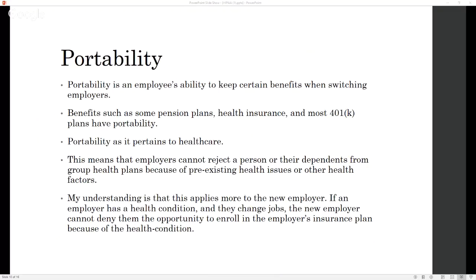But as far as portability, the new employer can't reject them from the opportunity at a group health plan because of maybe a pre-existing health issue from his children or himself or his wife. HIPAA allows him to keep that health insurance plan from one job to the next, and the next can't stop him from having it. Next slide.